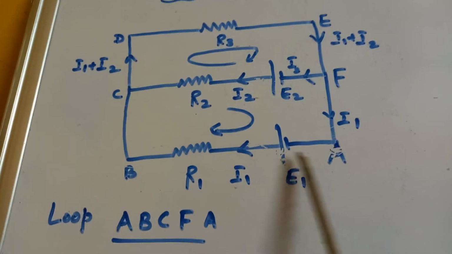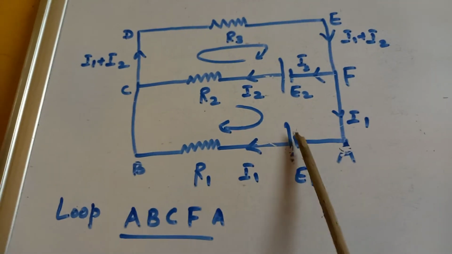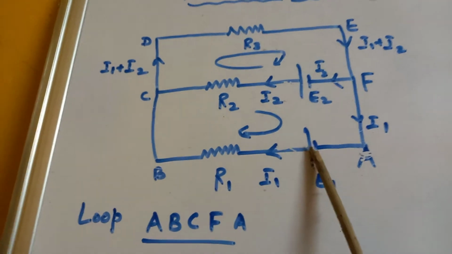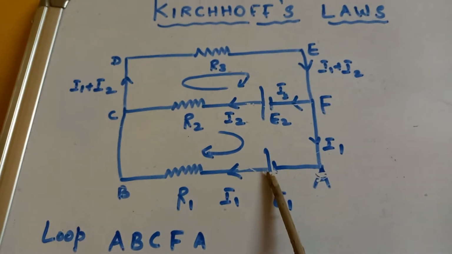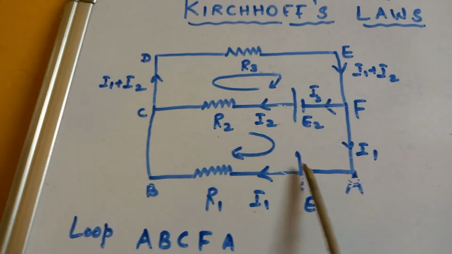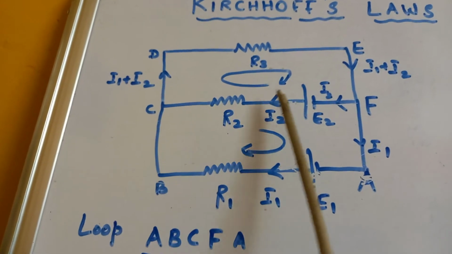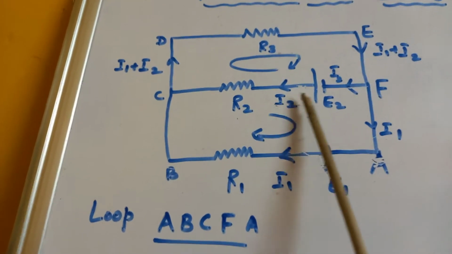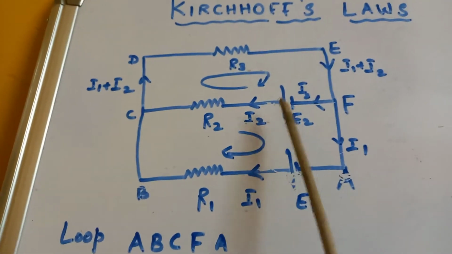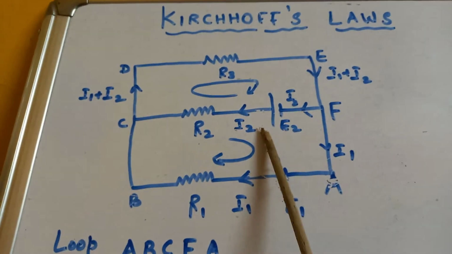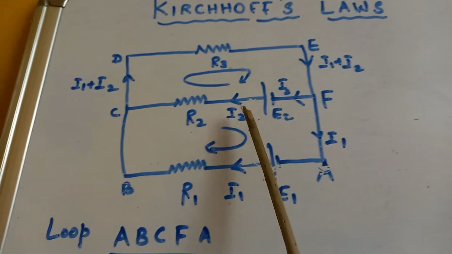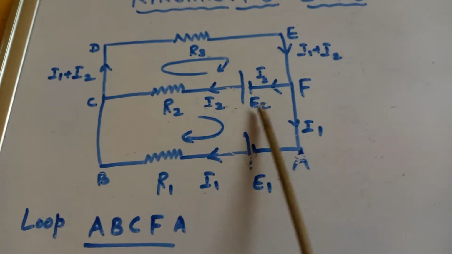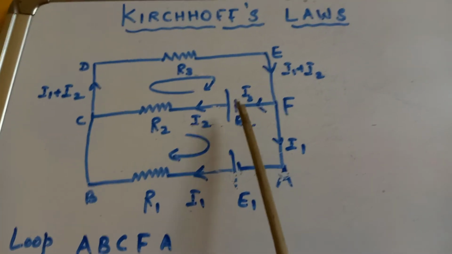If the negative terminal of the cell comes first, then EMF is considered positive. Now, what about E2? In the clockwise direction, first the positive terminal is coming, then the negative terminal. So from positive to negative, higher potential to lower potential. In such cases, EMF should be considered as negative.